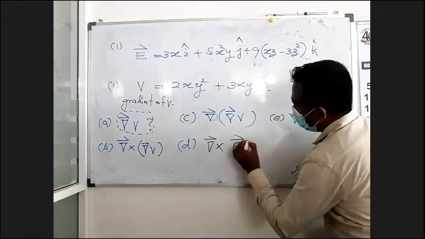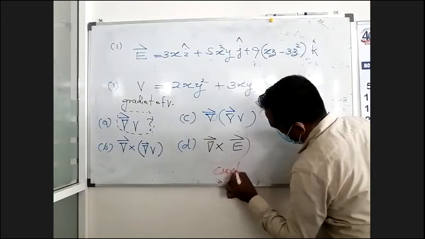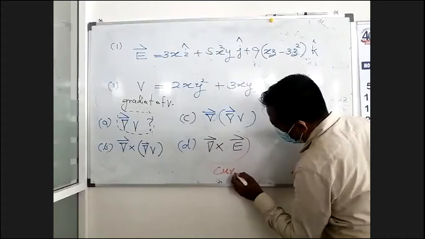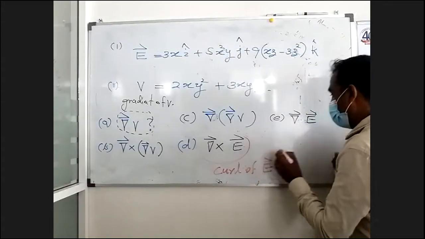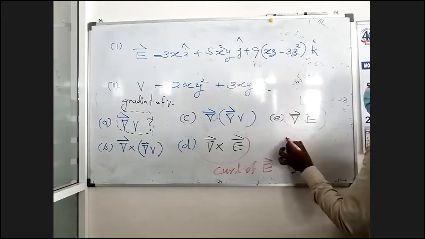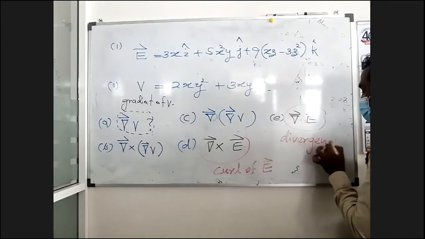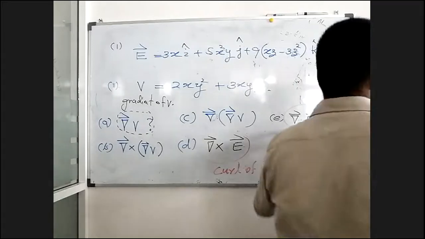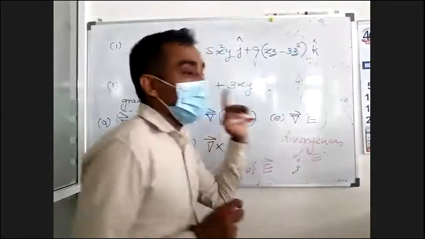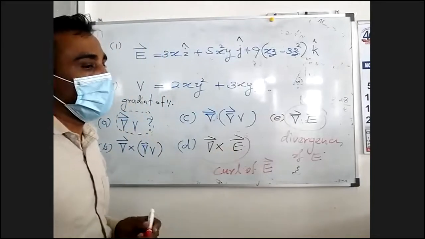This is called the curl of E. This is called the divergence of E. It is a dot product, so we call it a divergence. If it is a cross product, we call it a curl.